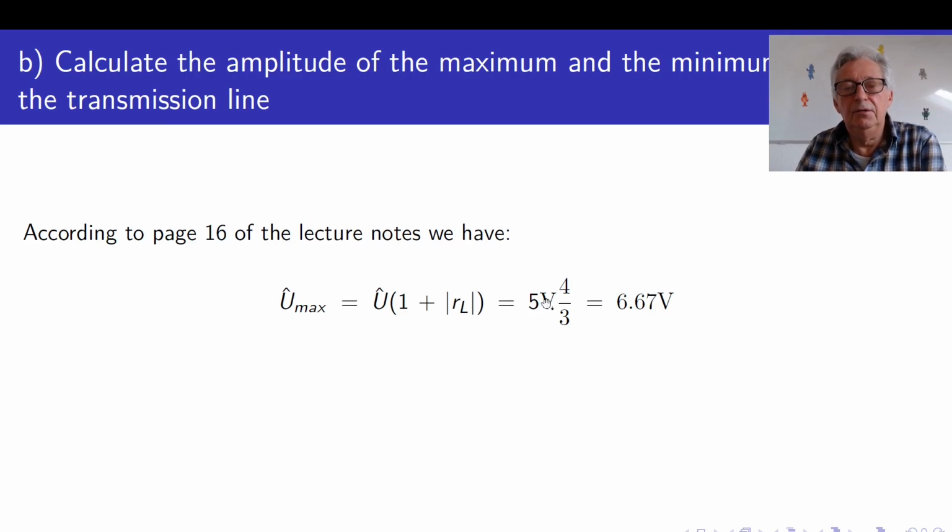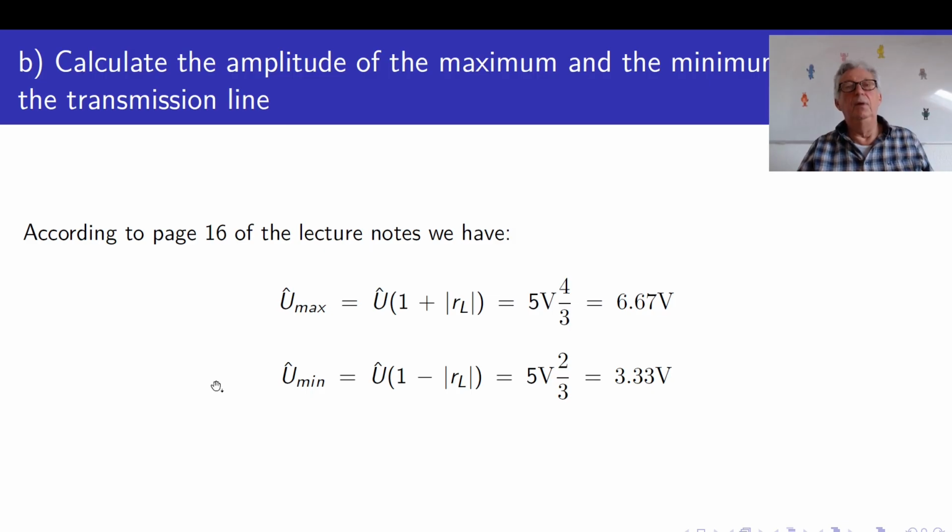In our case this is 5 volt times 4/3, which results in 6.67 volt. In the next step we can calculate the minimum voltage on the transmission line. It's again the amplitude of the incident wave times 1 minus the absolute value of the reflection coefficient, which results in a value of 3.3 volt.